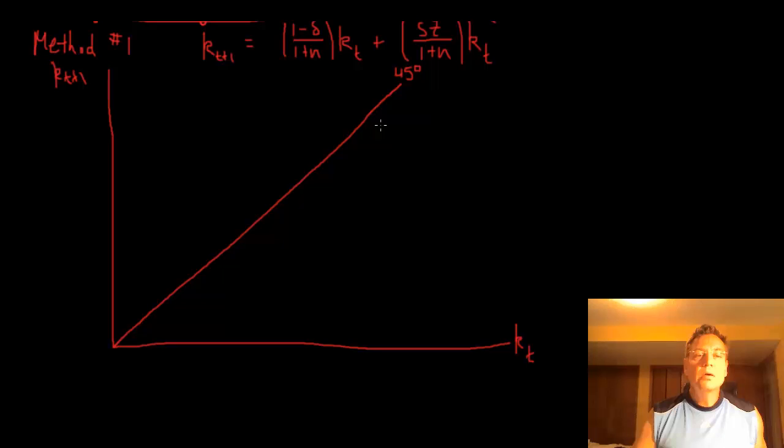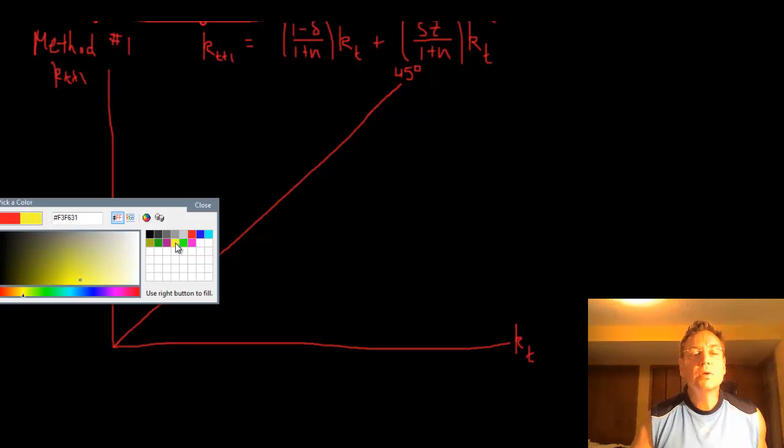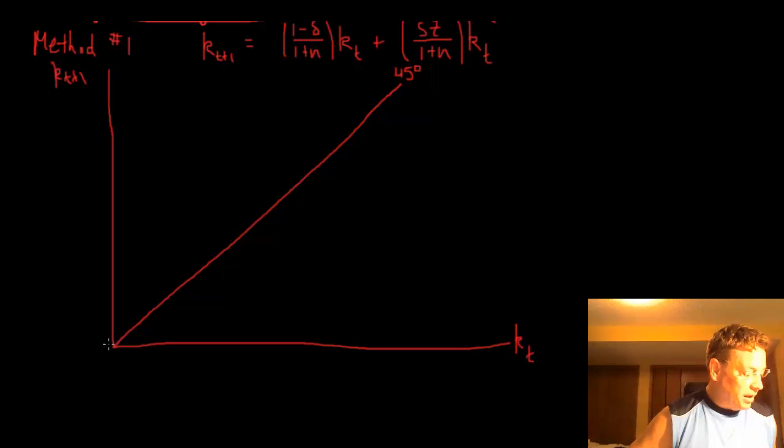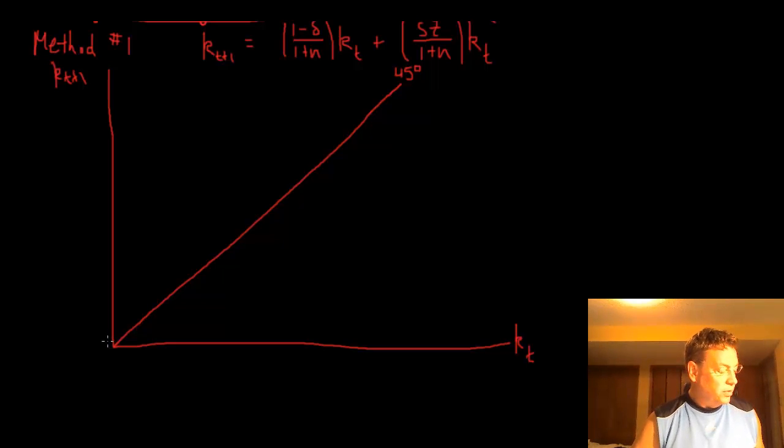And what this is going to represent, if we plot this, is there's going to be this linear portion which then just gets added to this concave part.